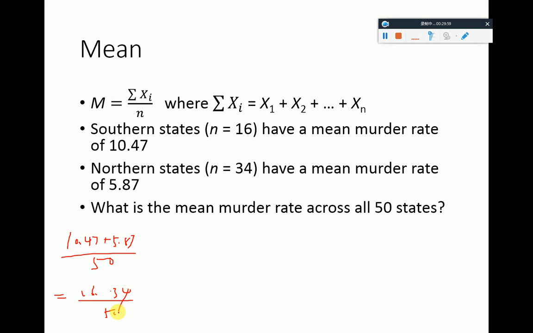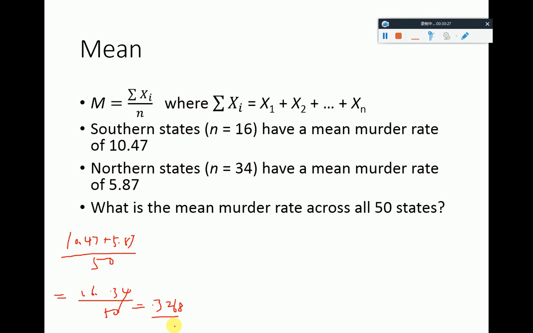And 16.34 divided by 50 is 0.3268. So the average murder rate across all 50 states is this.